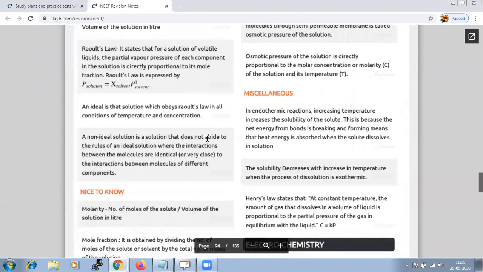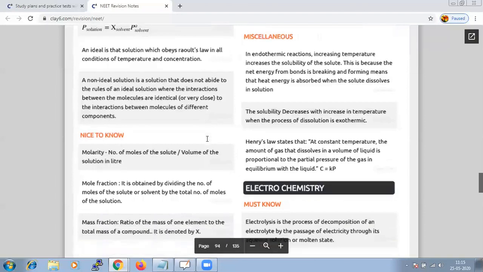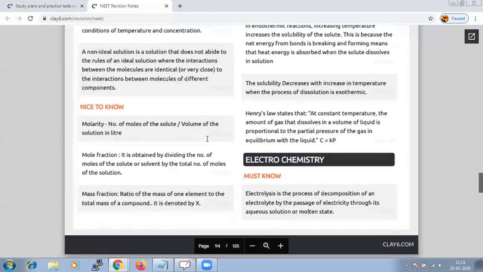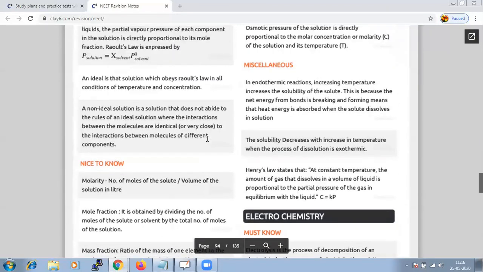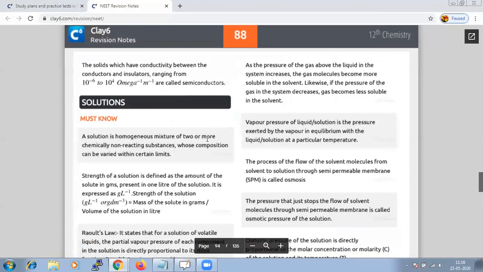And a non-ideal solution is a solution that does not abide by the rules of an ideal solution, where the interaction between the molecules of the same component is not identical to the interaction between the molecules of different components. It is very important to know which solutions obey Raoult's law.